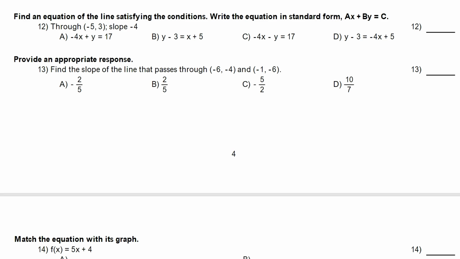All right, now for this one, we want to put a line through this point with this slope, and we want it to end up in standard form. So let's do it here. Now we could use point slope, which is y minus y sub 1 equals m times x minus x sub 1.